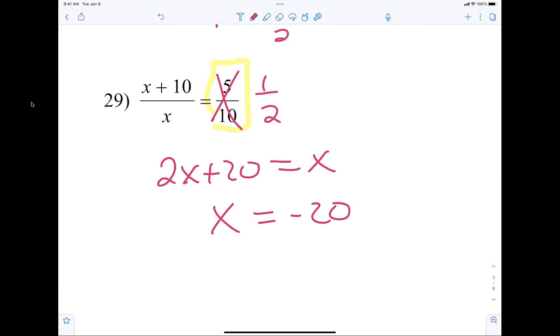If you subtract 20, and then you subtract x from both sides, it'd be negative x equals 20. Yeah. So x equals negative 20. True? All right, here we go.